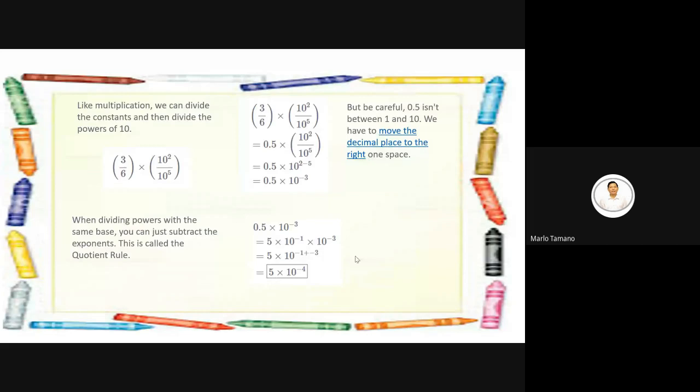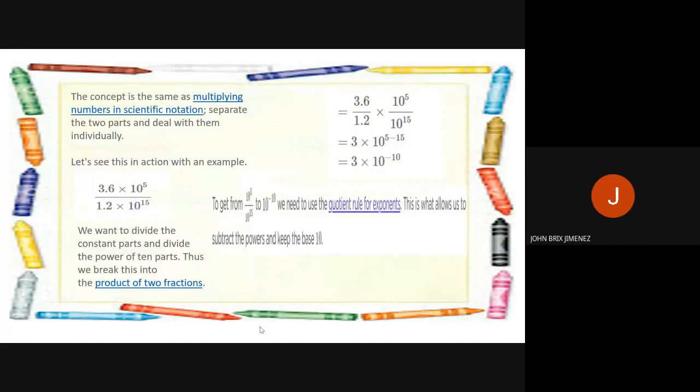Okay? Naayon na doon sa ruling na ang scientific notation po natin ay greater than 1 but less than 10. So 5, 'di ba yung 5 ay greater than 1 but less than 10? Tama? Opo, sir. Okay.